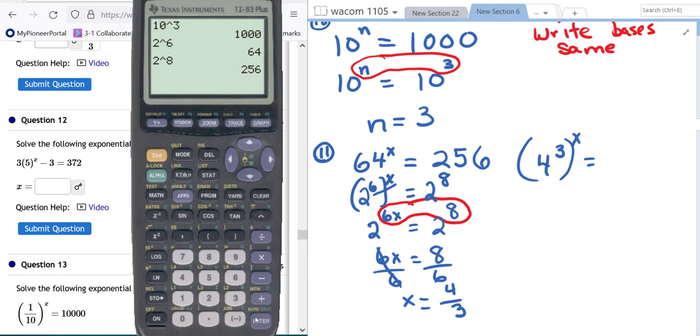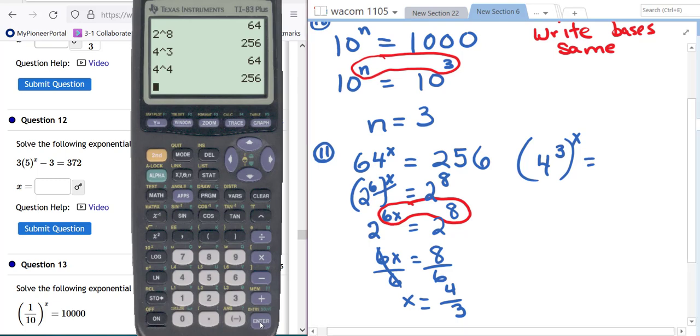All right, there's 4 to the 3rd. There's the 64. So if I try 4 to the 4th, so I could have gone with the 4. Okay, excellent point here. And we should get the same answer, though, at the end. So 4 to the 4th is 256.